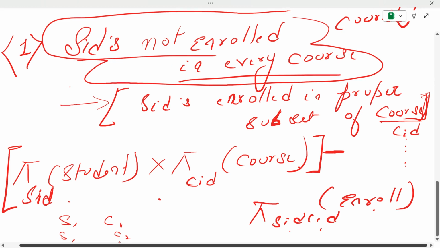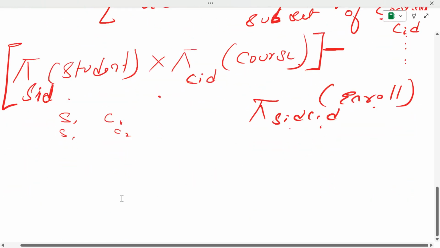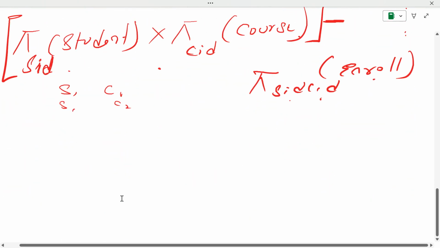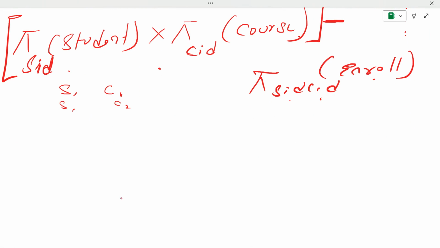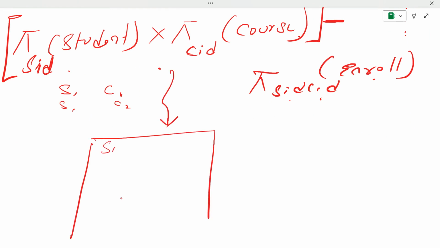This example will give you an idea. Let's say we have enroll and all possible combinations of that. For every SID we cross multiply with every CID.